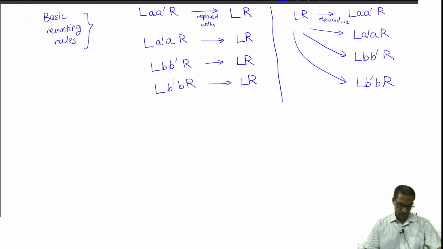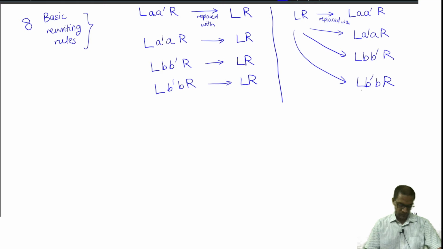So these are the 8 basic rewriting rules that I have. So what are the rewriting rules? They are a way of obtaining a new word from a given word. The first 4 rules give you a new word whose length is 2 less, and the next 4 rules give you a new word whose length is 2 more.